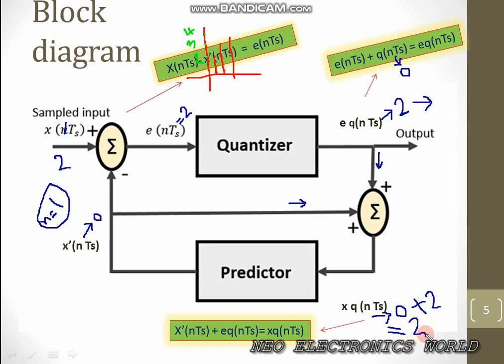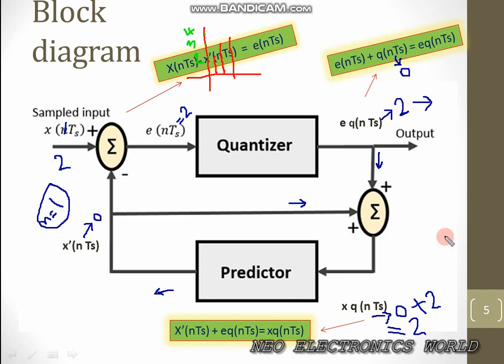Quite simple. Okay, this 2 will be the predictor filter input, and it will then calculate what? X dash of n plus 1 TS. Okay, we have seen the equation. X dash of n plus 1 TS is nothing but, it's a simple equation.